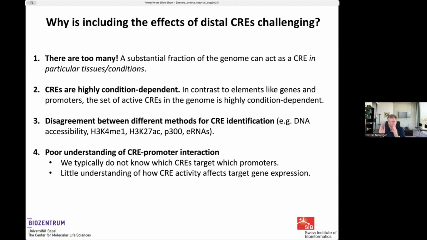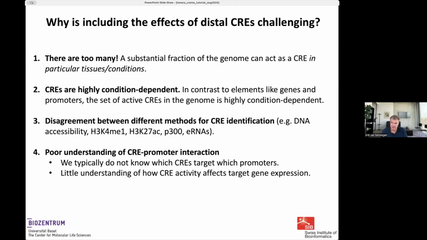You cannot make once a list of all the cis-regulatory elements, because you would get way too many and the vast majority of them would be inactive in any condition. So it's context dependent.